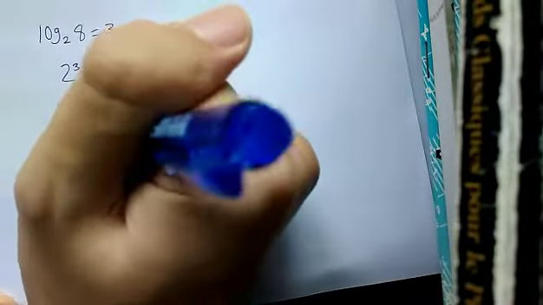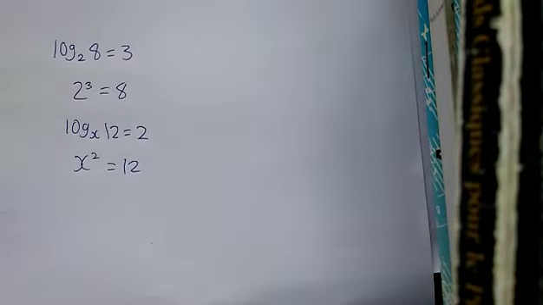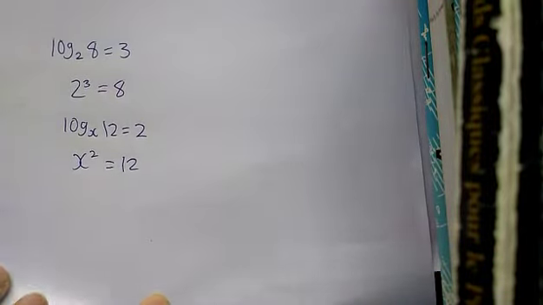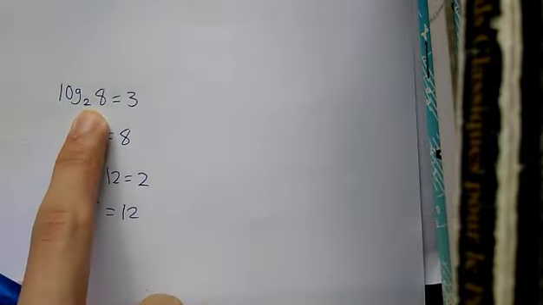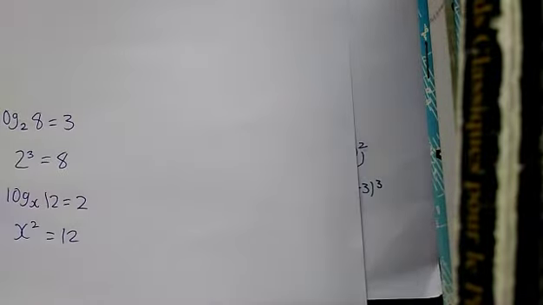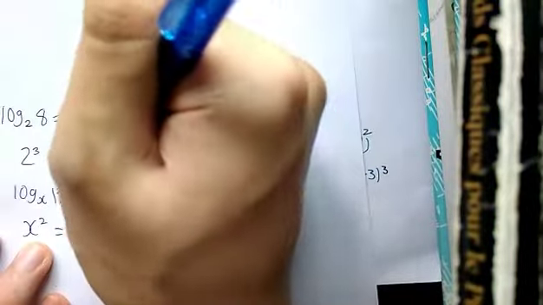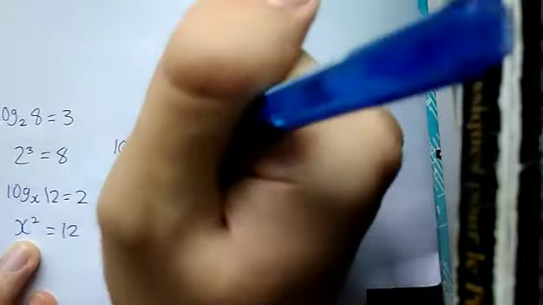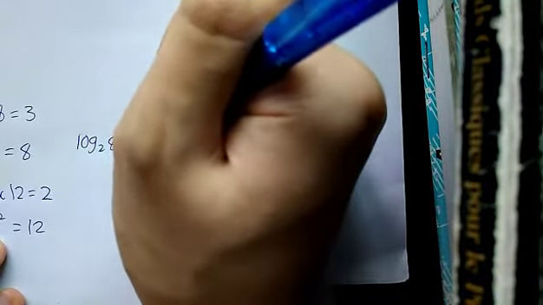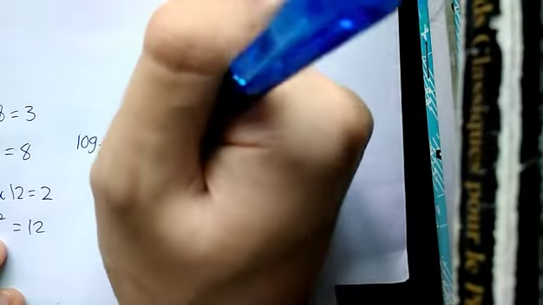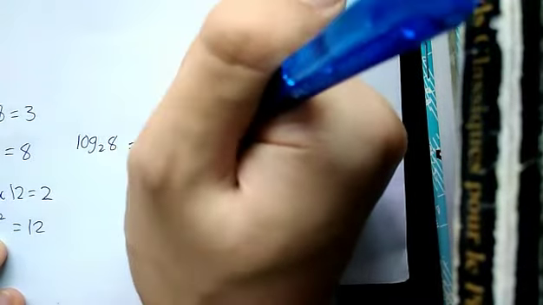So which means that if log x 12 equals to 2, that means x to the power of 2 equals to 12. And if we want log 2 8 in the form of log base x, it will be log x 8 divided by log x 2.